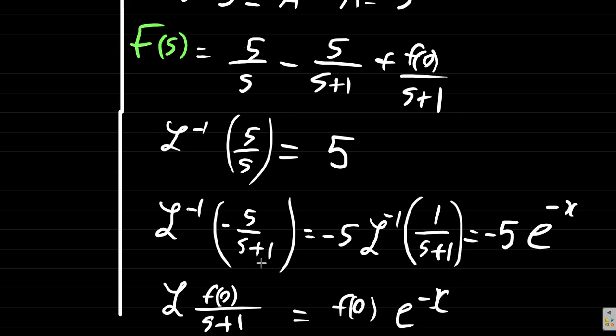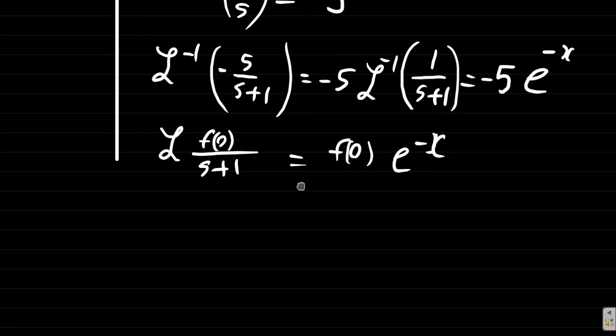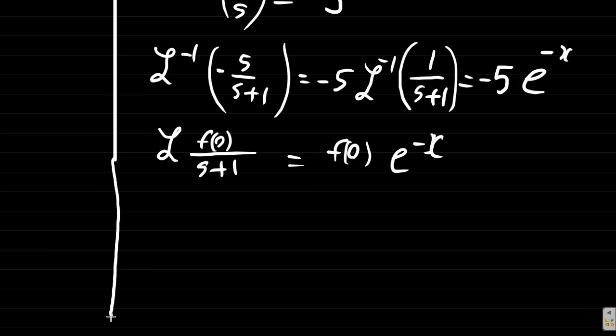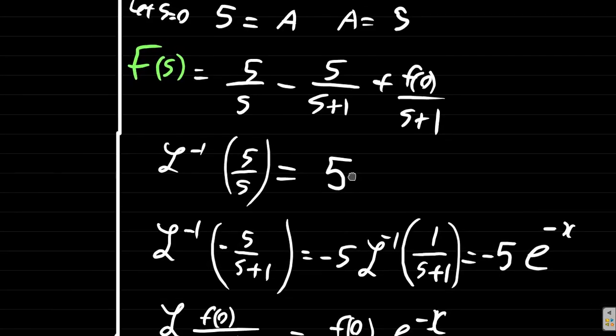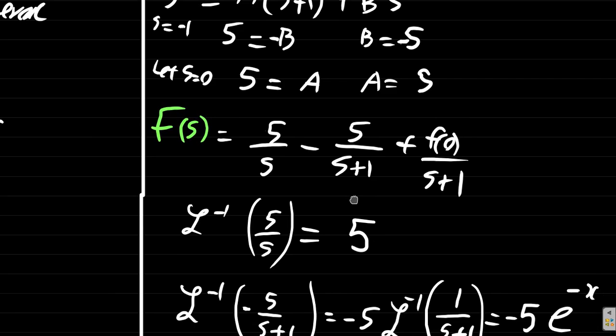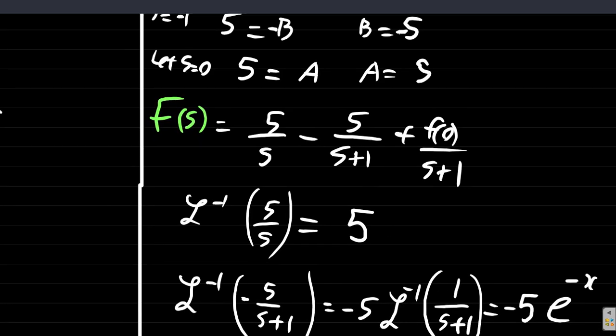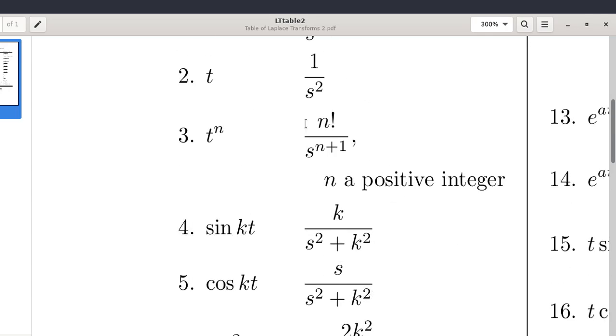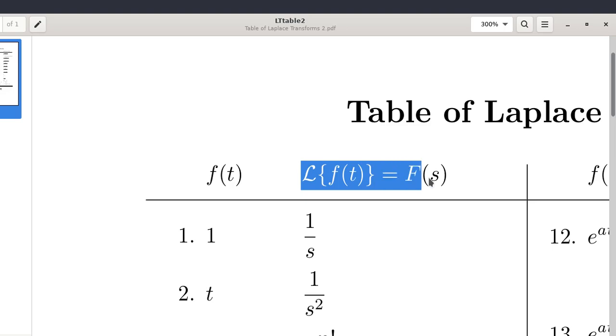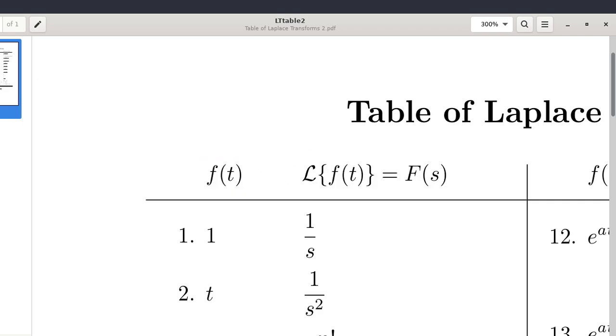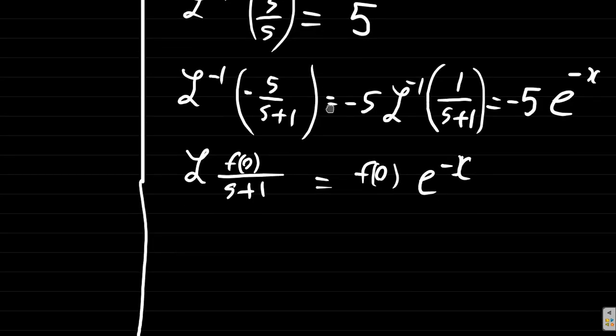Now, if we write these things out, the Laplace transform of f of t is called f of s. The inverse is just f of t. So in our case, it would be f of x, which is y.